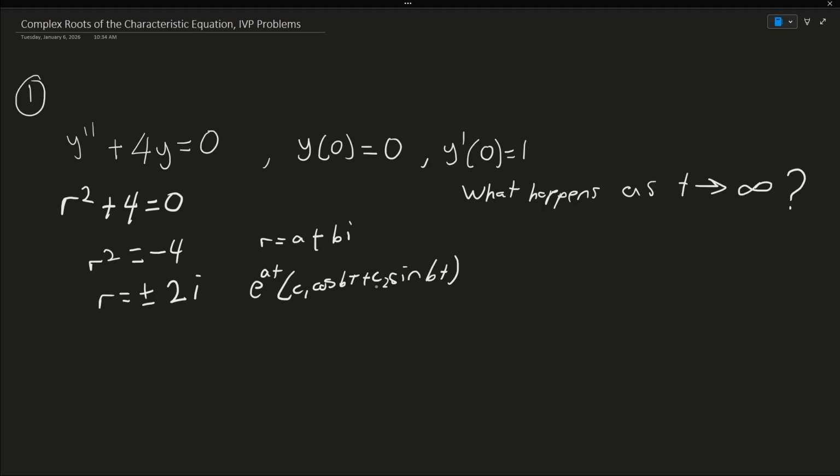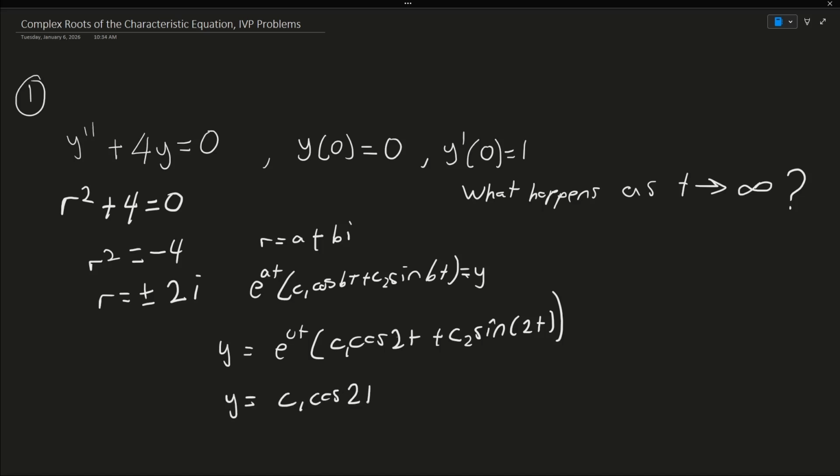So we will build this solution for y. y will be equal to e to the 0t, c1 cosine of 2t plus c2 sine of 2t. Now, e to the 0t is just 1, so our solution will be y equals c1 cosine of 2t plus c2 sine of 2t.